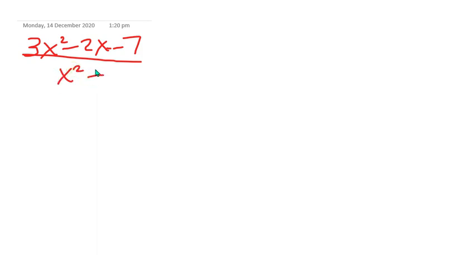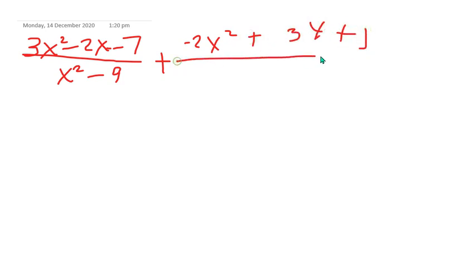If we have the same denominator, if we have 3x squared minus 2x minus 7 over x squared minus 9, plus negative 2x squared plus 3x plus 1 over x squared minus 9.